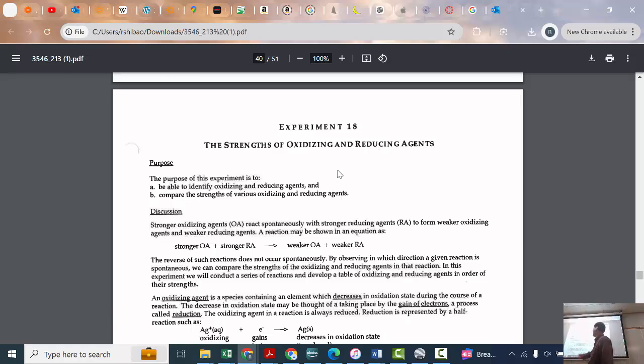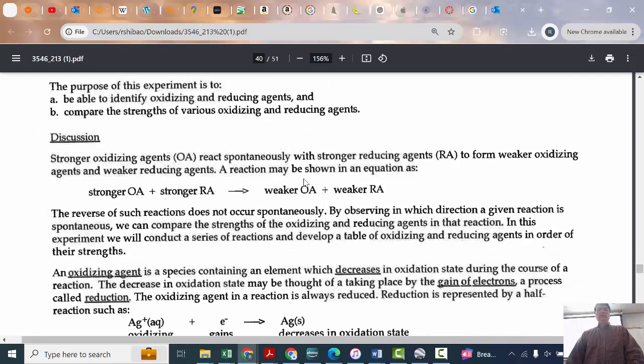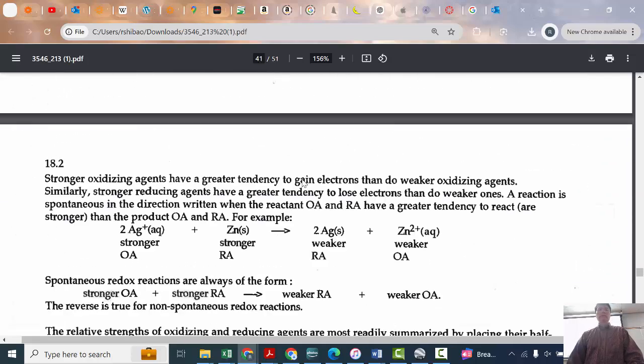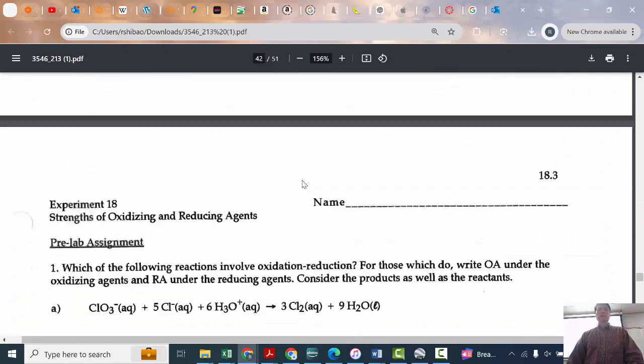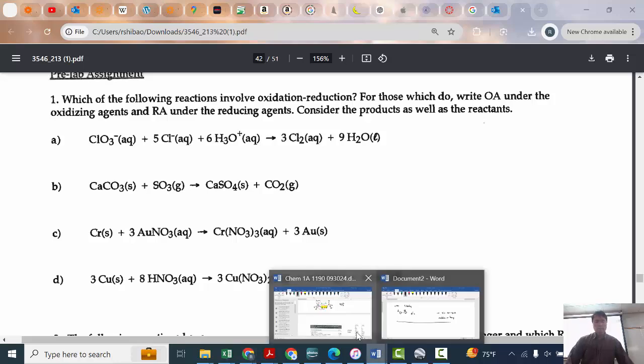So stronger OA to weaker OA, stronger RA to weaker RA. That's the driving force for redox reactions. So let's look at oxidizers and reducers next.